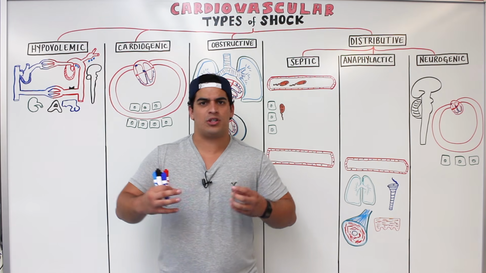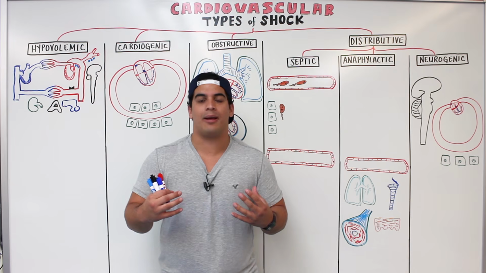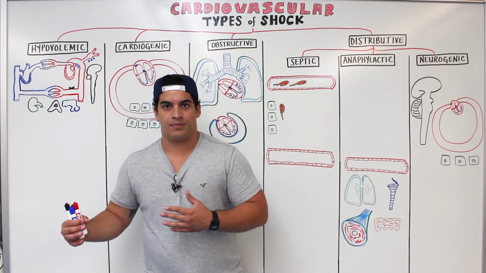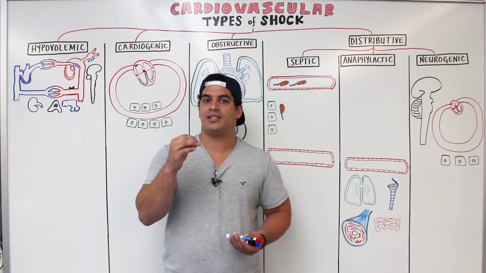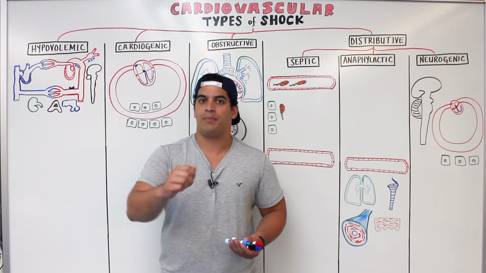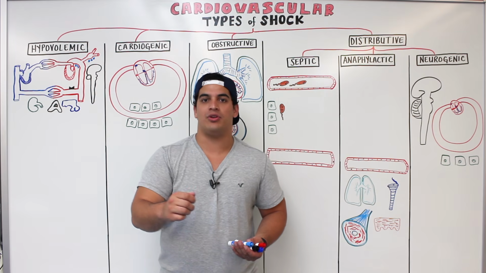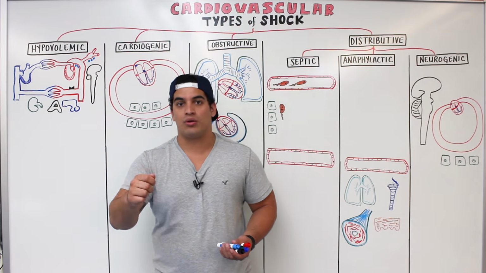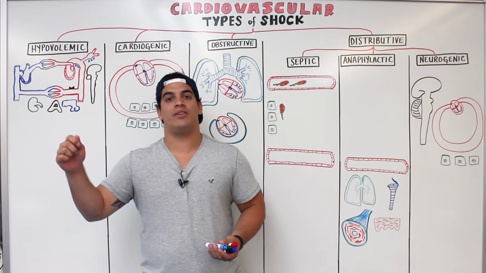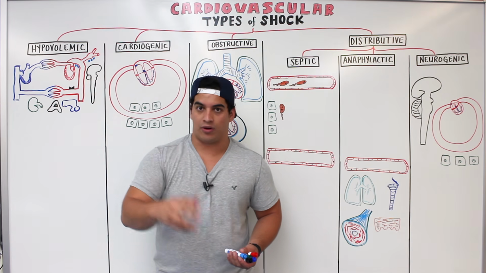So if that tissue starts becoming deprived for a long period of time, organs can start failing. So in general, how would we generally classify shock? We can say shock is any situation in which there's inadequate tissue perfusion that can result in ischemia followed by necrosis and then possibly even organ failure if not reversed.